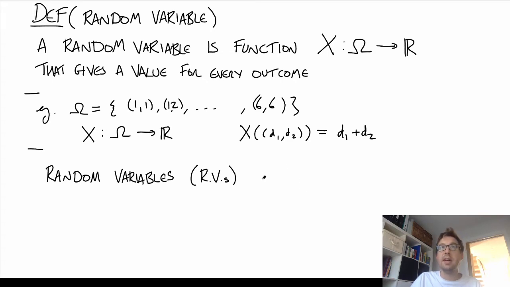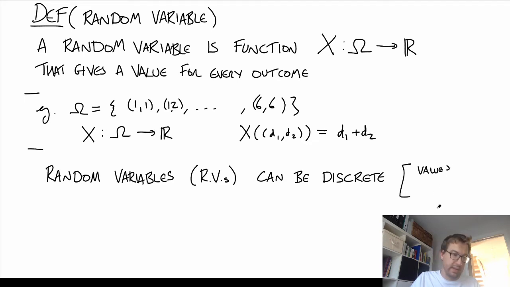Okay, so random variables can be discrete, okay, meaning that although we go from our set of outcomes to the real numbers, we might only take a finite or countable number of outcomes that can occur here. Okay, so they can be discrete. By this I mean values like 0, 1, 2, 3, or just any countable subset of the reals.